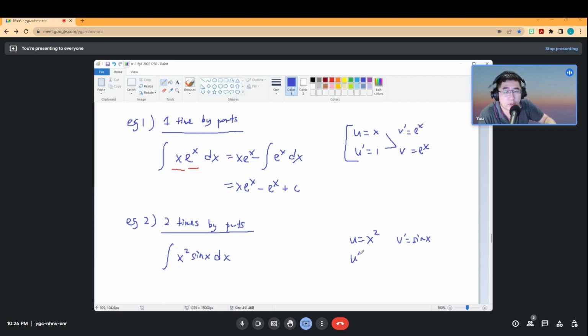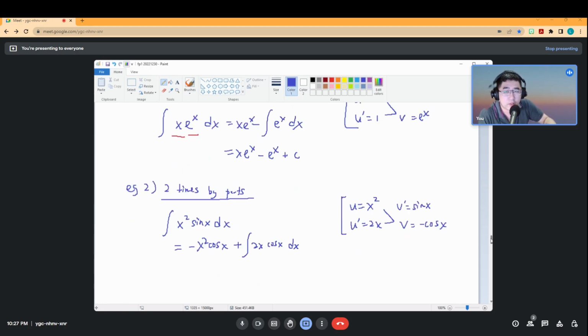So u prime will be 2x, v equals negative cos x because of integrating. This is the first time. Then I get u and v together: negative x squared cos x minus minus, which becomes plus, the integral of 2x cos x dx.